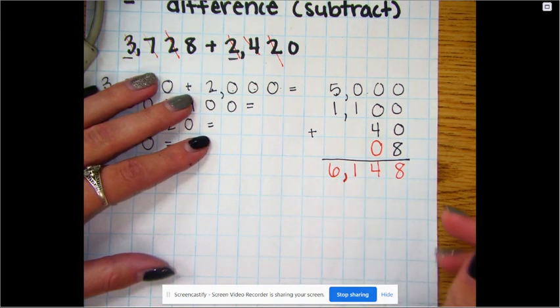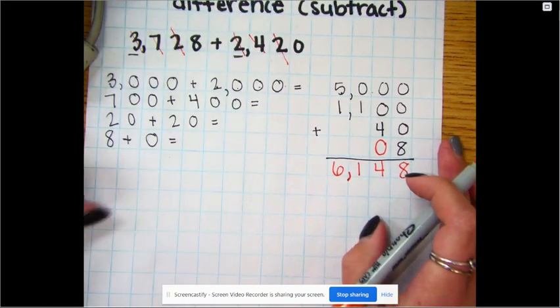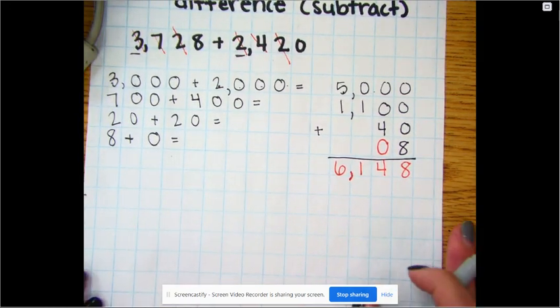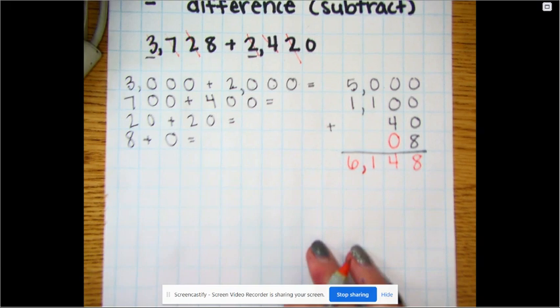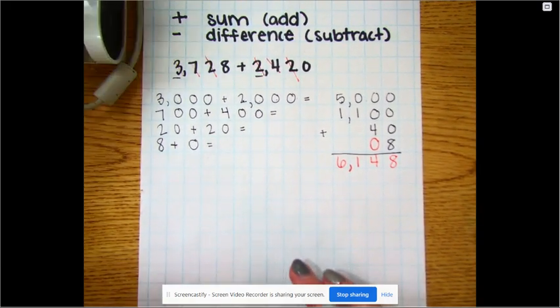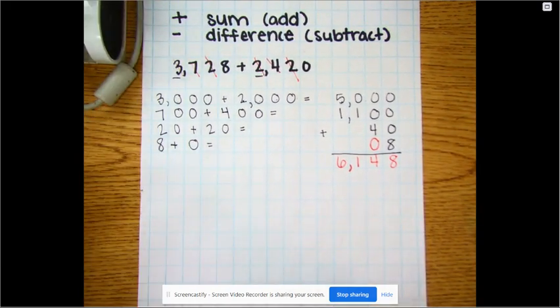Let's try a difference strategy, a subtraction strategy down below. This time, I'm going to take 40,000 subtracting 7,985.